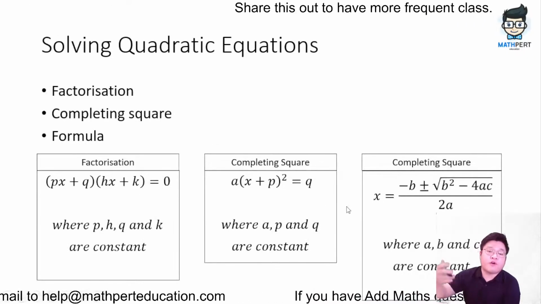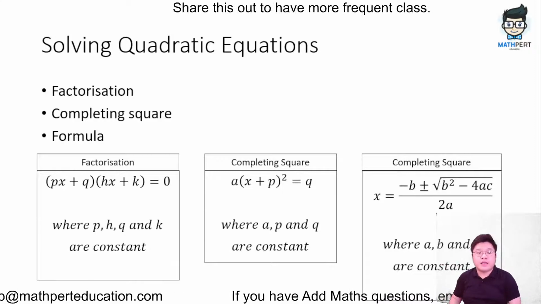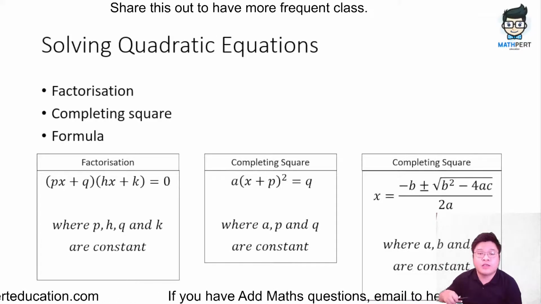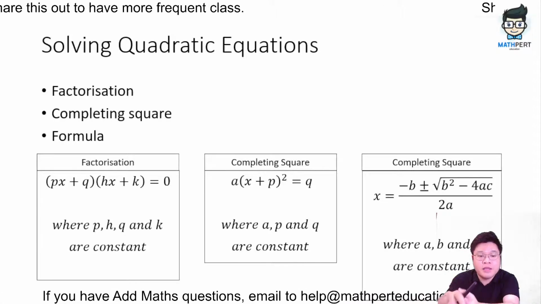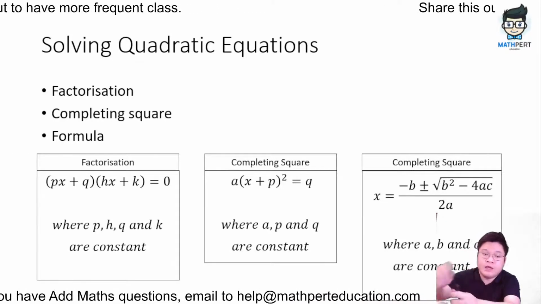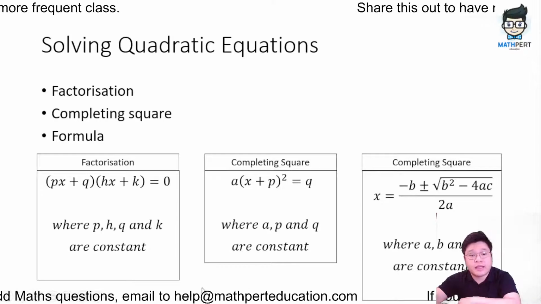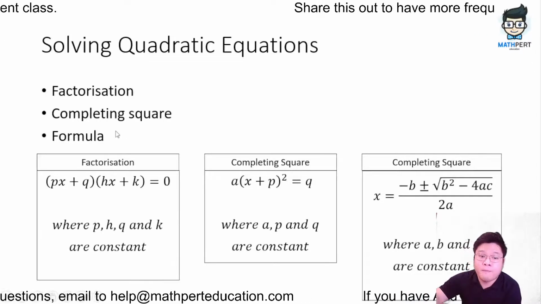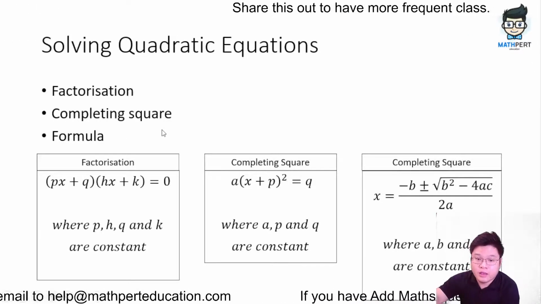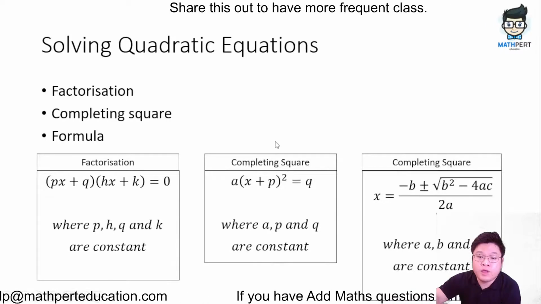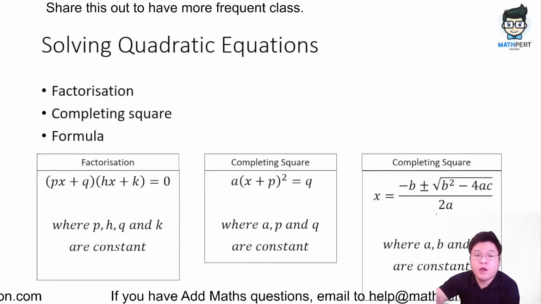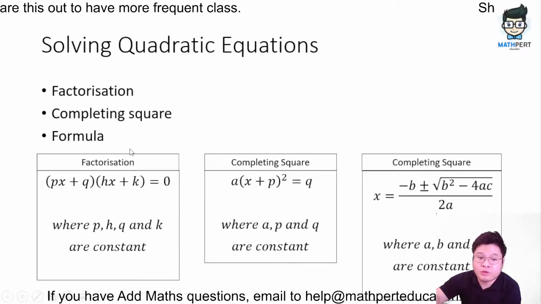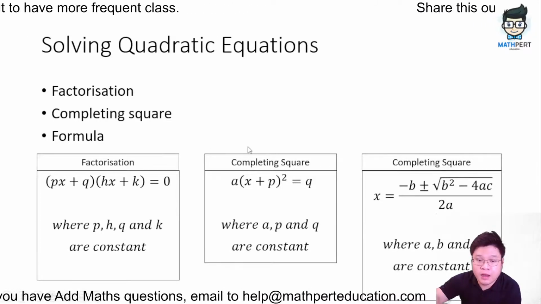So how do we solve quadratic equations? Basically, we can solve them using 3 methods. First one, factorization. I believe most of you are quite familiar with factorization. The second method is completing the square, which we use for the maximum or minimum point of the quadratic equation. And the last one is the formula method.